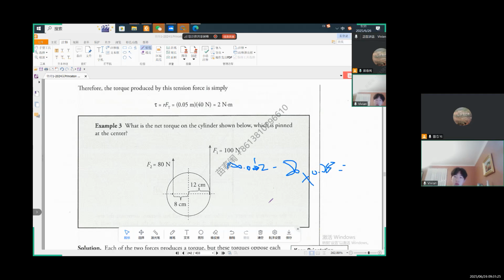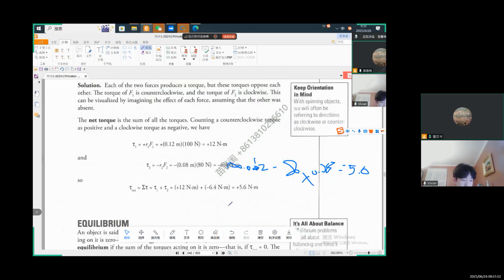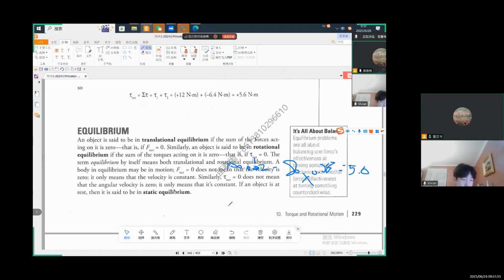Yeah, and it's positive, right? Anti-clockwise is positive, and so clockwise is negative, right? It makes sense in real life, because you use this one a little bit more, so this one is opposing its resistance to the other direction, or the other effect. Equilibrium.